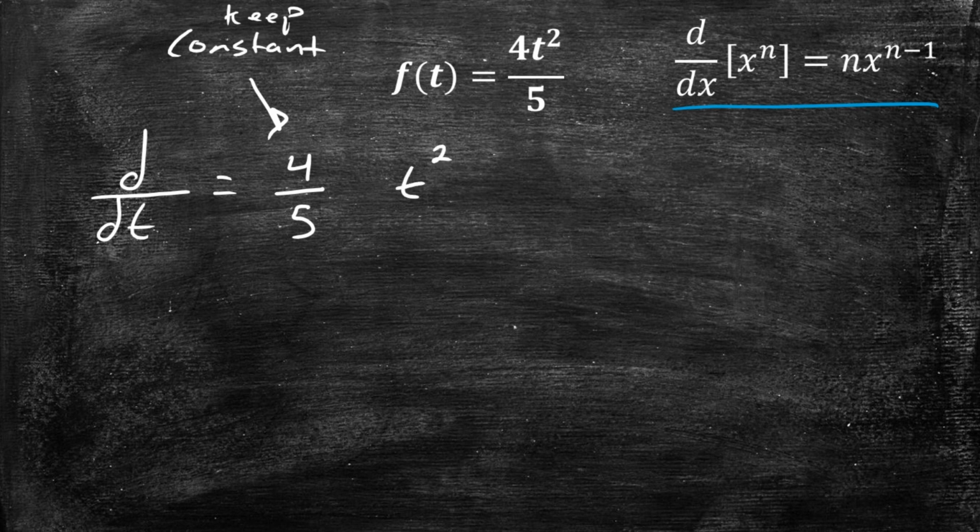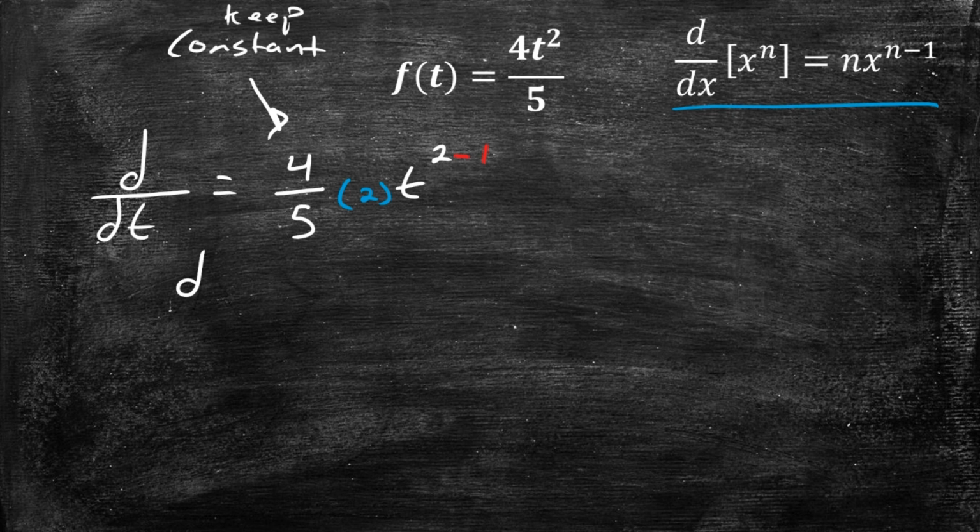Okay? The exponent here, all you do is you just bring that down over here. So that's going to be times 2. And then the exponent of t is 2 minus 1. So you just subtract 1 from the exponent there.